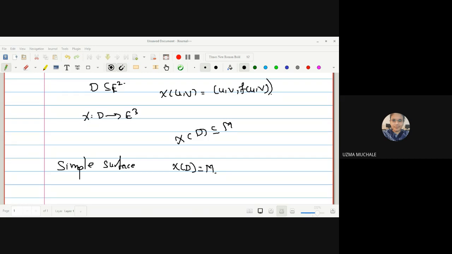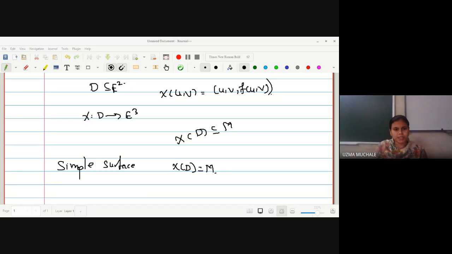Correct. Now next definition is what? It is a definition for the simple surface, right? A surface is called a simple surface if there exists a Monge patch. Okay. If there exists a Monge patch means what? It should satisfy the condition that f is a real valued differentiable function and x of uv is equal to uv f of uv.